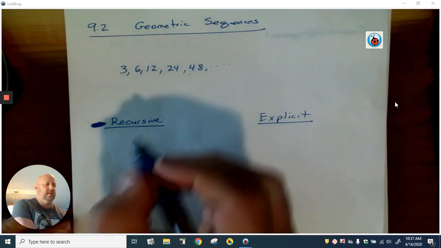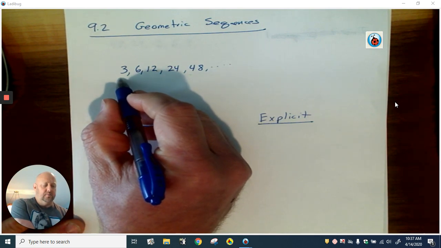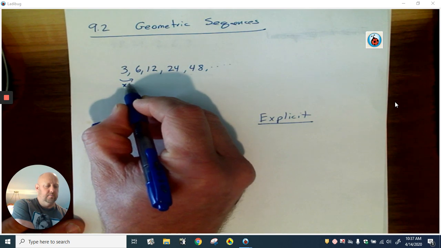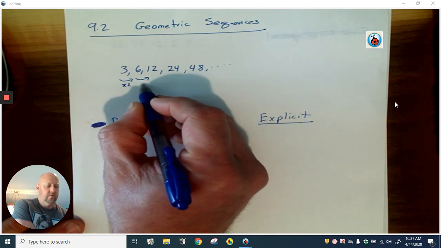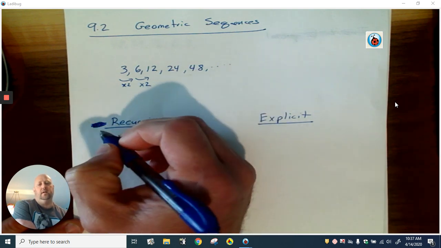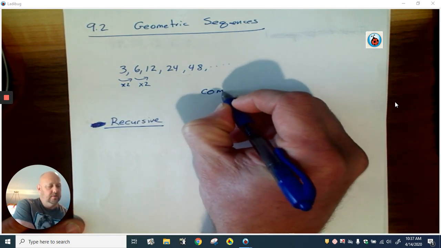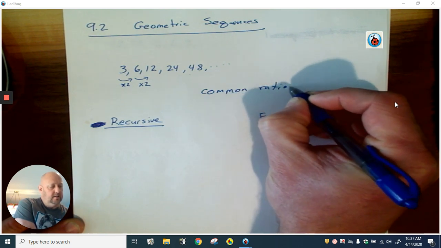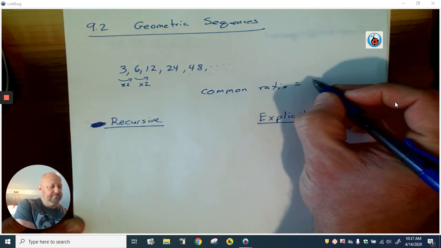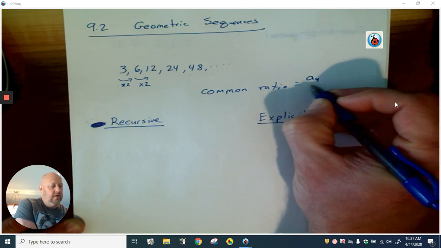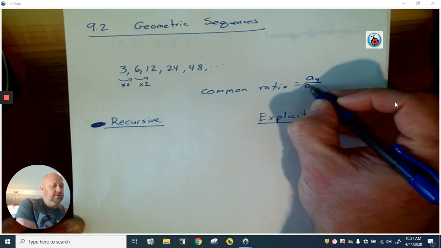In this case, we're actually going to have a different term as well. Because we're multiplying by 2 over and over, that's not a common difference. That's what we call a common ratio. You can take any term, say a sub 4, and divide it by the term before it.